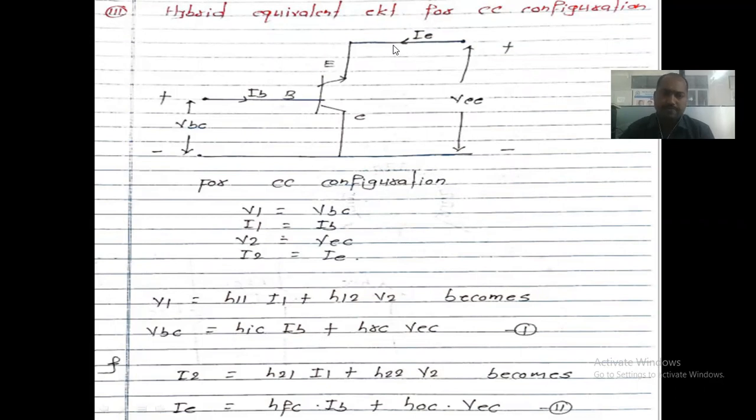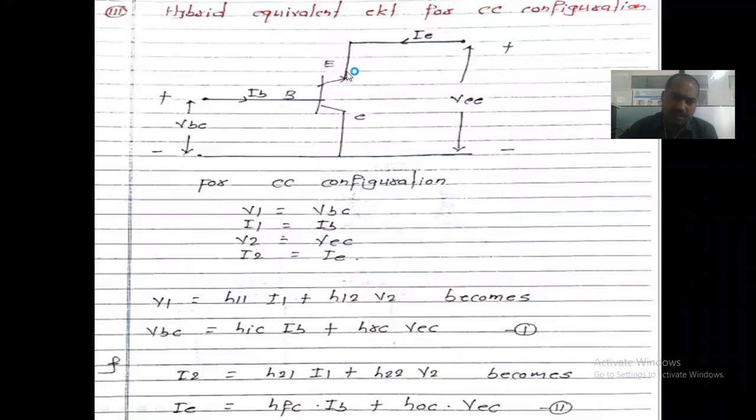Due to the application of VBC as the input voltage and the input current IB, there should be generation of the output voltage VCE and the output current IE. How? I'm telling you.